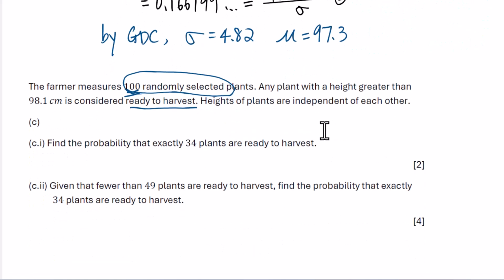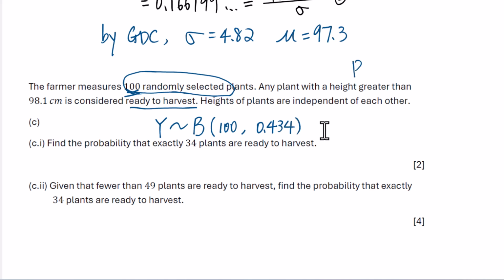Find the probability that exactly 34 plants are ready to harvest. This Y follows binomial distribution with 100 and 0.434.